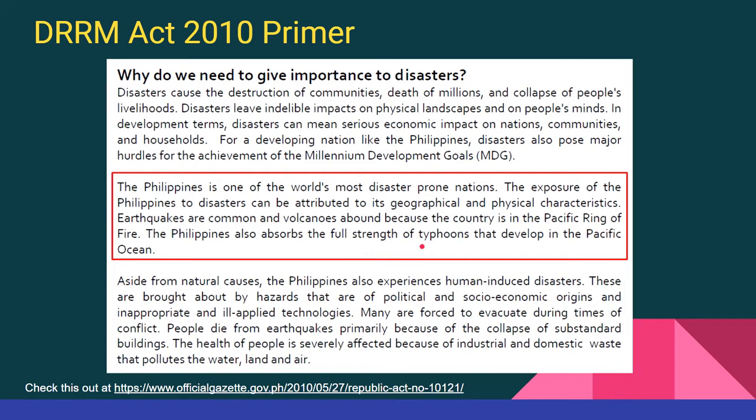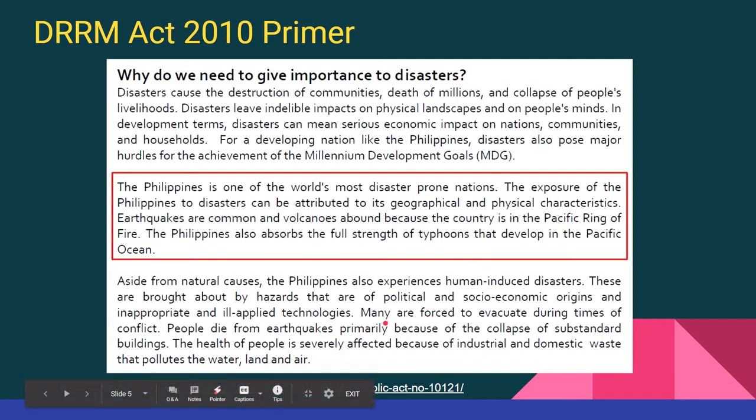Aside from natural causes, the Philippines also experiences human-induced or man-made disasters. These are brought about by political and socioeconomic origins, ill-applied technologies, and engineering hazards. We've talked about this in the unit on natural hazards.